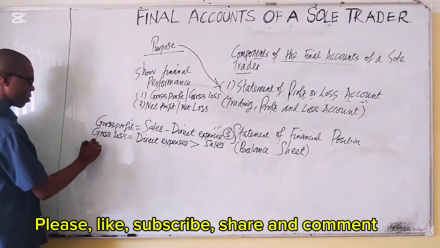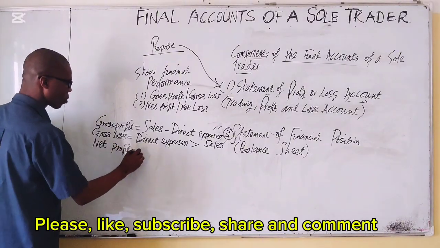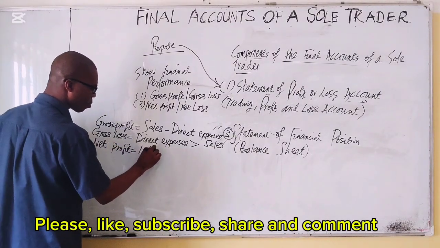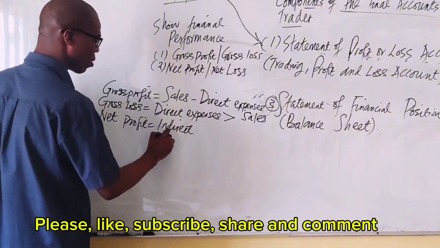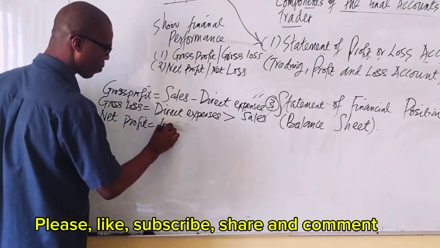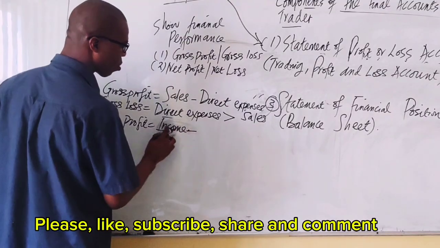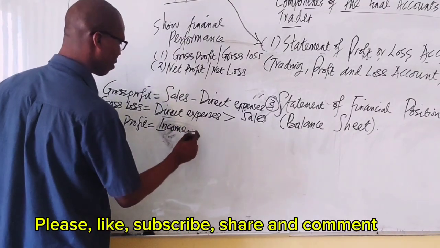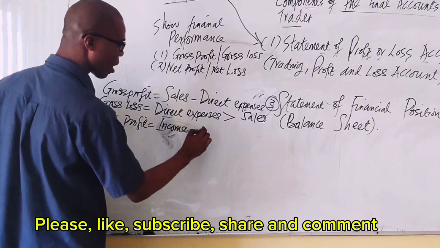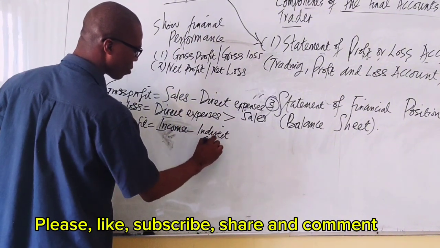Then for net profit, it is the excess of income. When income is bigger, or income minus indirect expenses.